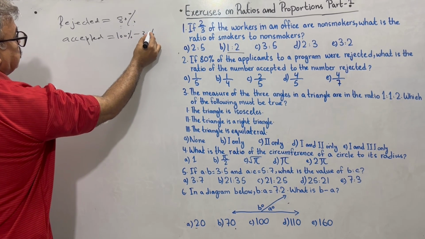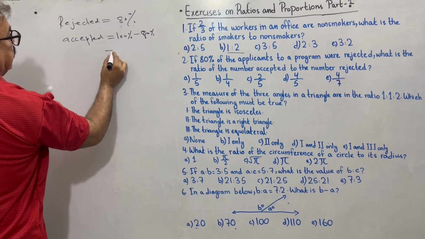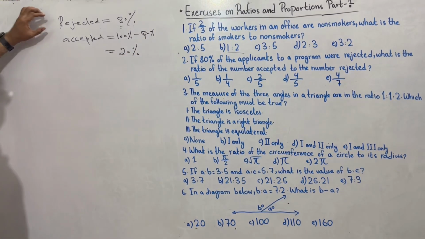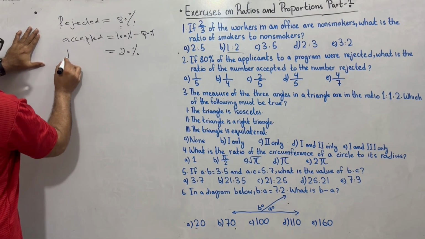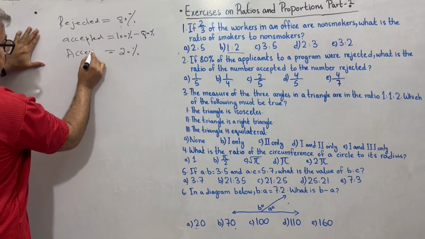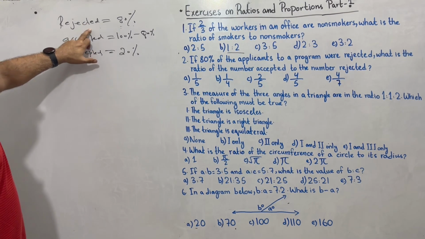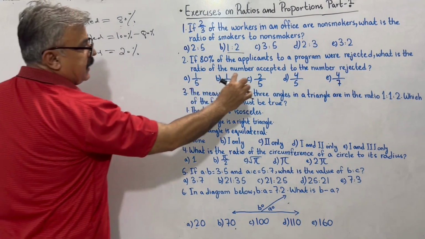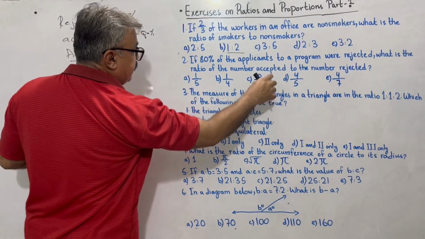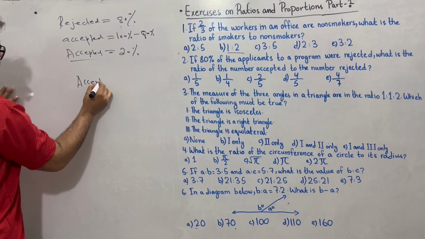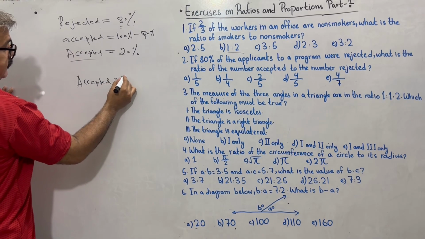I am going to have 20%. That is accepted: the candidates whose applications are accepted, 20%. Rejected 80%. Take care of this. Accepted to rejected. Let me write accepted to rejected.